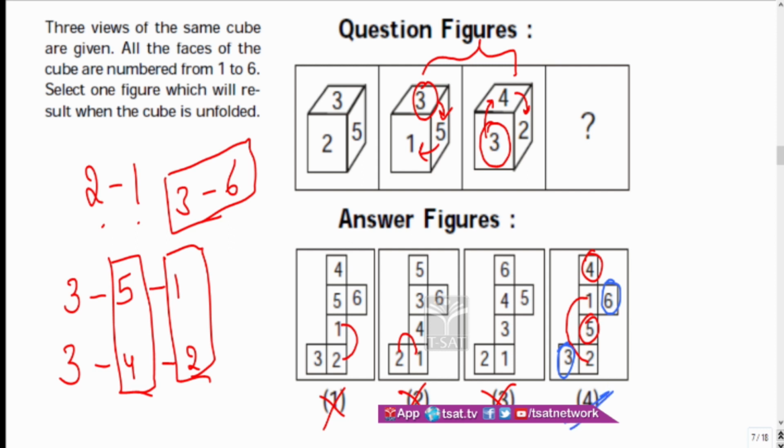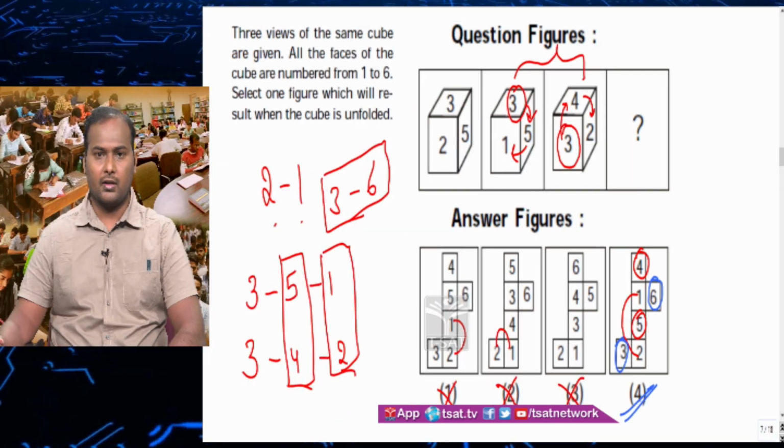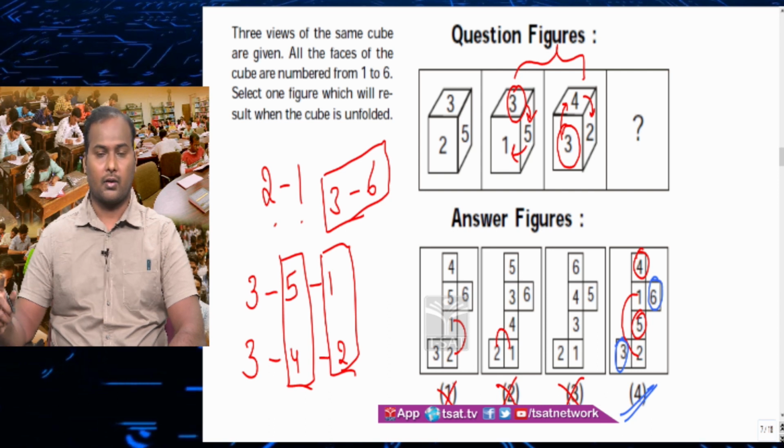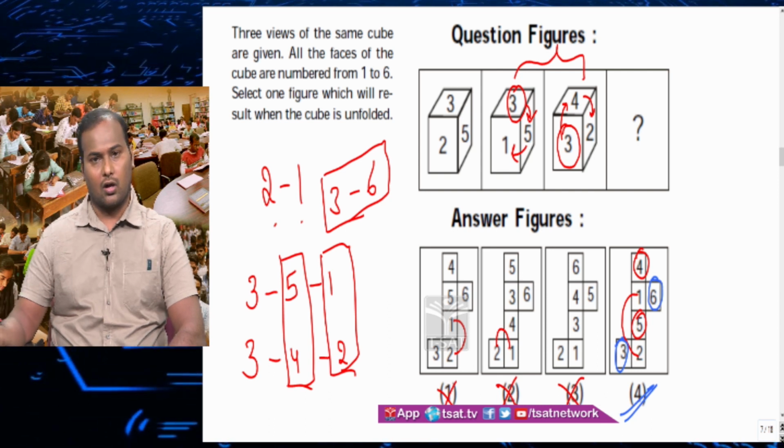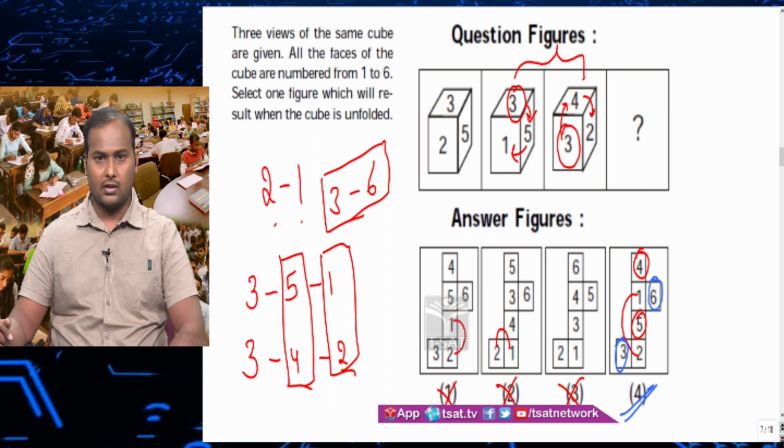Whenever you get this kind of question, first check for the common faces between the cubes. If there are 2 common faces, the remaining faces are opposite. If there is 1 common face in both cubes, from the common you move in the clockwise or anti-clockwise direction.